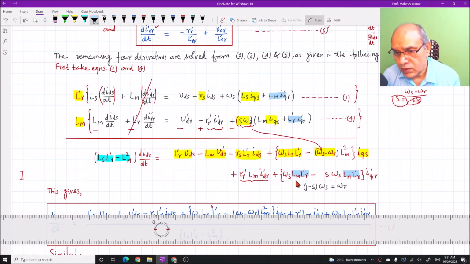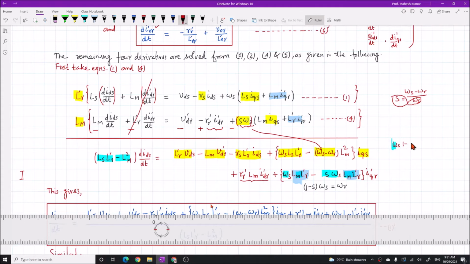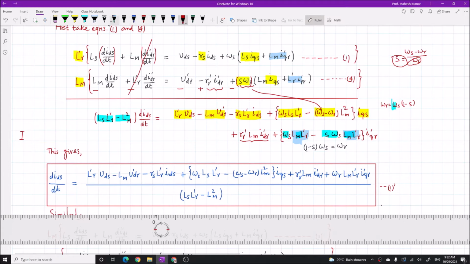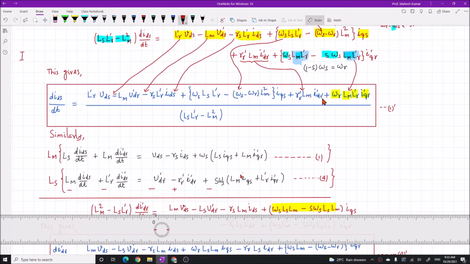These two are similar terms, so LM LR' is common, and it becomes omega S (1 minus S), which is omega R. So this becomes omega R LM LR' IQR', and then we have RR' LM IDR'. All six terms are there.